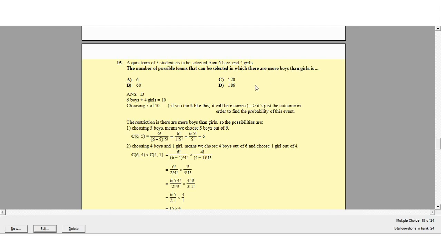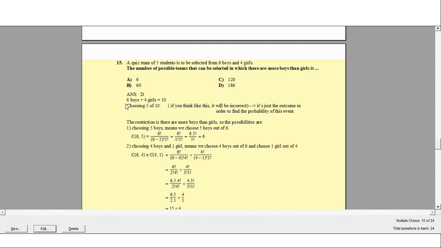Okay, so let's do it one by one. Firstly, if you think like this, because you have 6 boys plus 4 girls, it will be 10 people, right? And then you simply think that choosing 5 out of 10, that is true. But if you think like this, it would just be the outcome in order to find the probability of this event only.